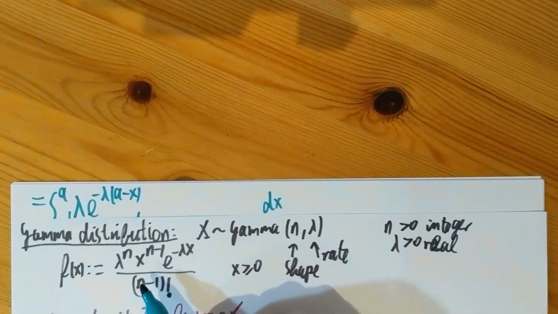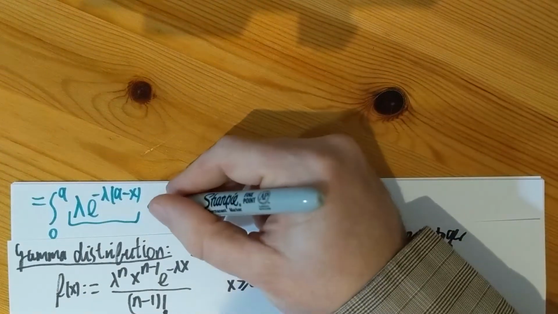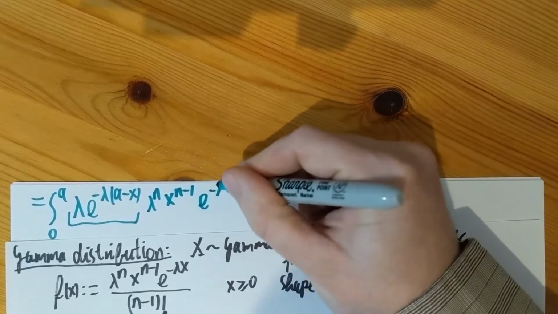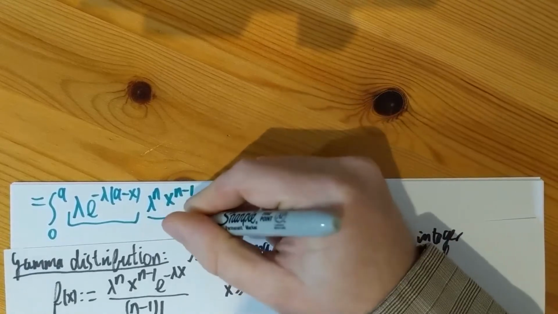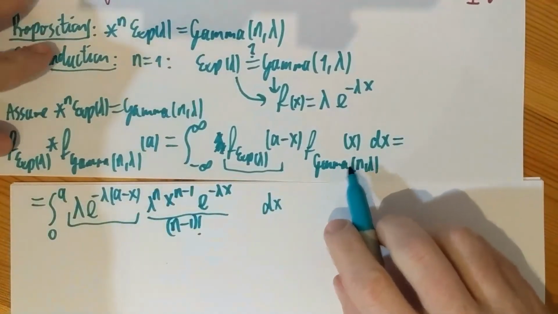Lambda to the n, x to the n minus 1, e to the minus lambda x over n minus 1 factorial. So that's my gamma density, f of gamma at x.